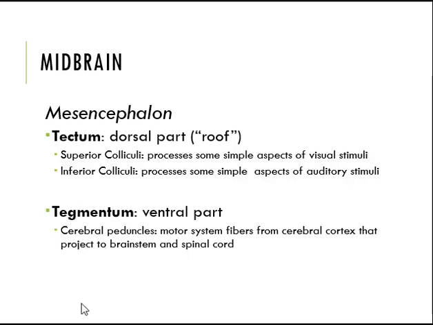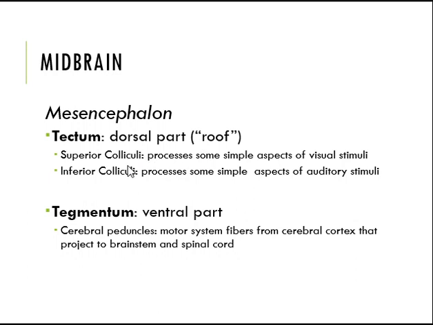And now we're going to move to the next classification, which is the midbrain, which contains the mesencephalon, which has the tectum and tegmentum. They are very similar in name, but don't get them confused. The tectum is the dorsal part, so the roof, which contains the superior and inferior colliculi.